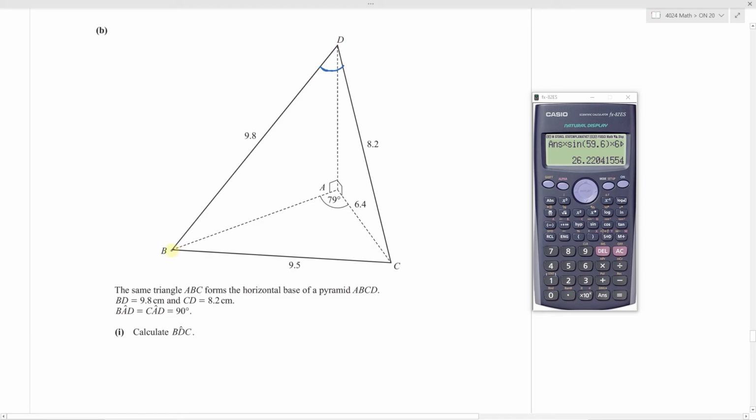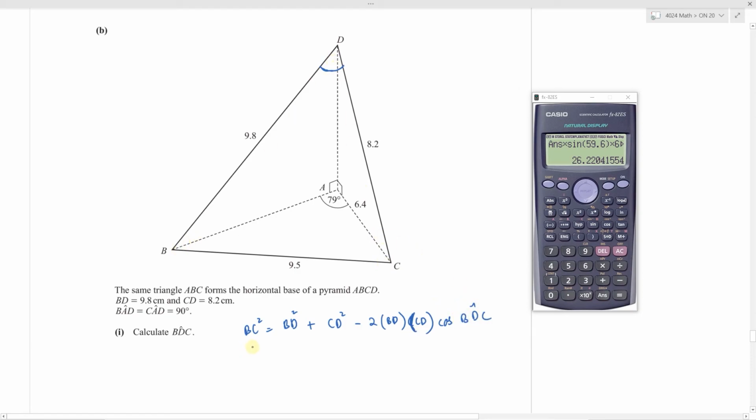So if you look at this triangle BDC, I know all three lengths of this triangle. So I can use the cosine rule to find this angle here. So cosine rule, the side opposite this is this, which is BC. So BC square equals the square of the other two sides, you add them, BD square plus CD square, and then minus 2 times BD into CD, and then cos of the angle BDC.